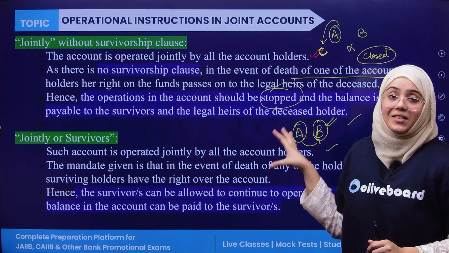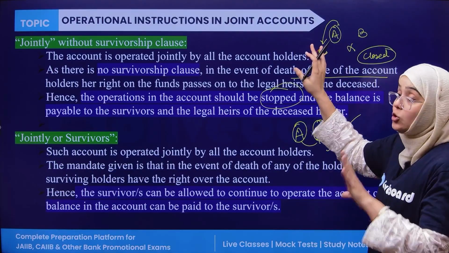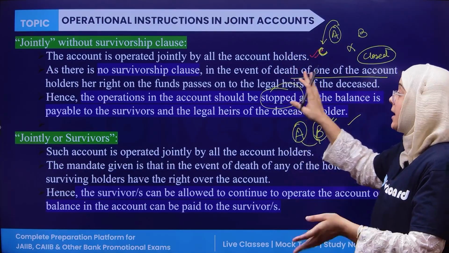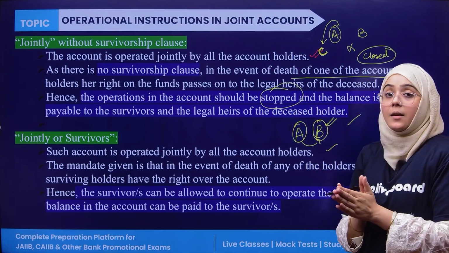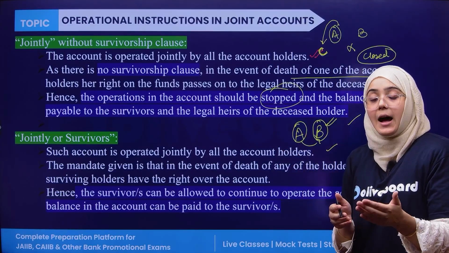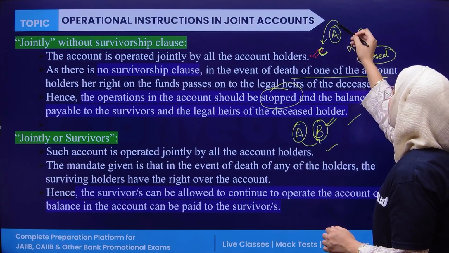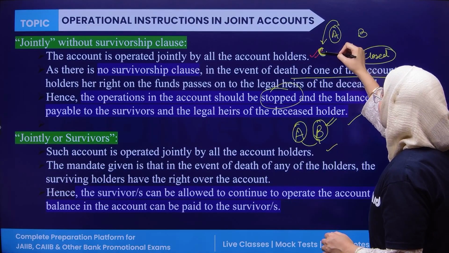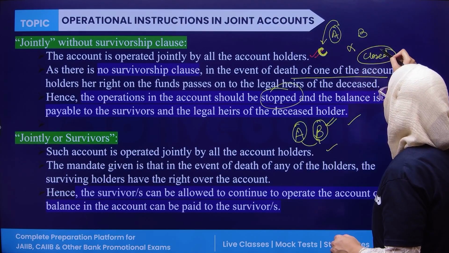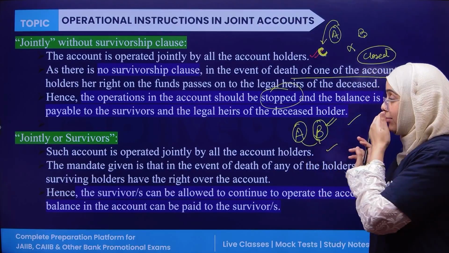First, there is jointly or survivorship clause. It means that first of all, the account is operated jointly by all. Second, because there is no survivorship clause, if the death of one occurs, then obviously the amount balance is transferred to the legal heirs, and now the account is closed and the amount is transferred to them respectively.